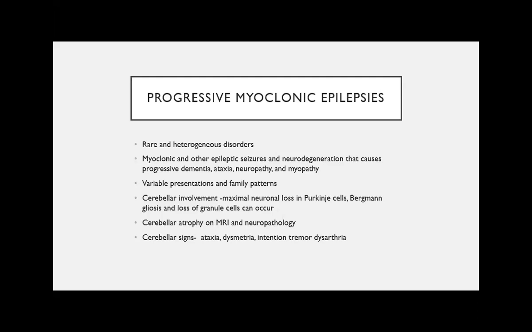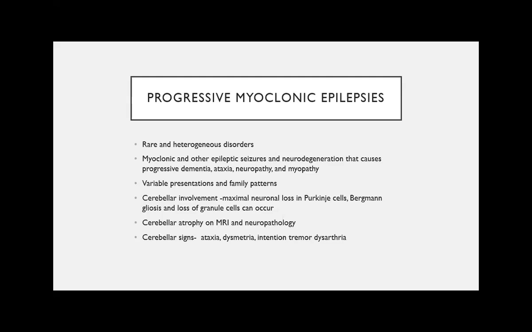Coming to progressive myoclonic epilepsies, these are rare and heterogeneous disorders where there are myoclonic and epileptic seizures and progressive neurodegeneration that leads on to dementia, ataxia, neuropathy, and myopathy. They can have variable presentations and family patterns.